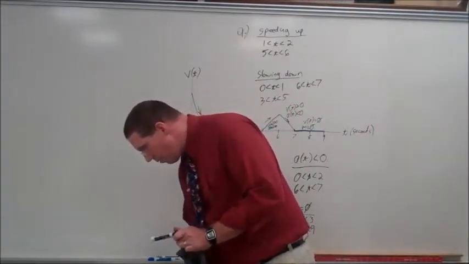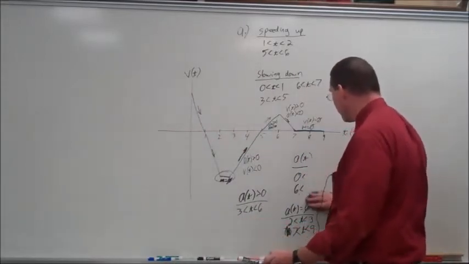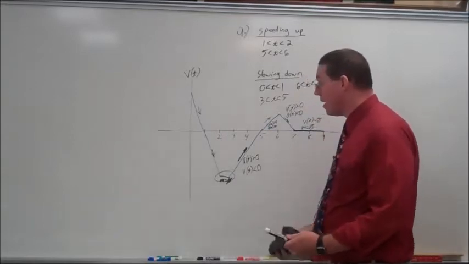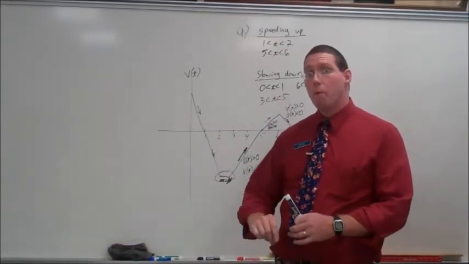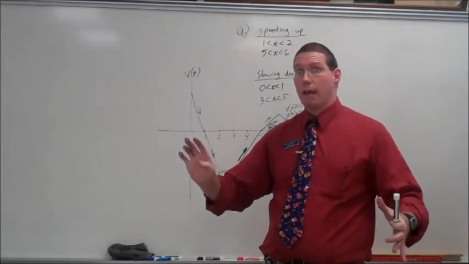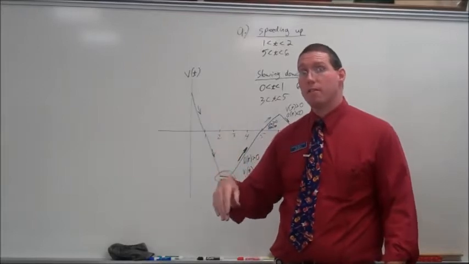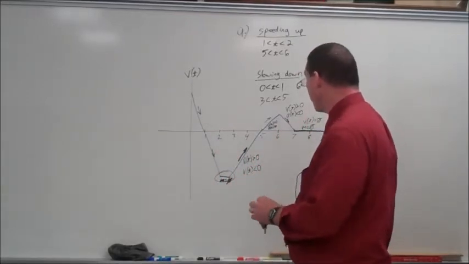Part C, when does the particle move at its greatest speed? Well, speed is velocity forgetting about its sign. So speed doesn't care about whether velocity is positive or negative.